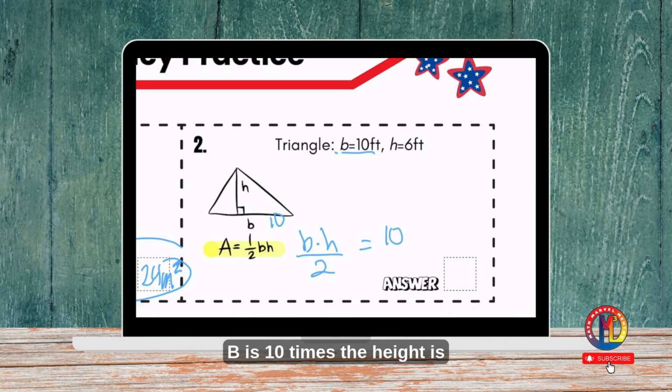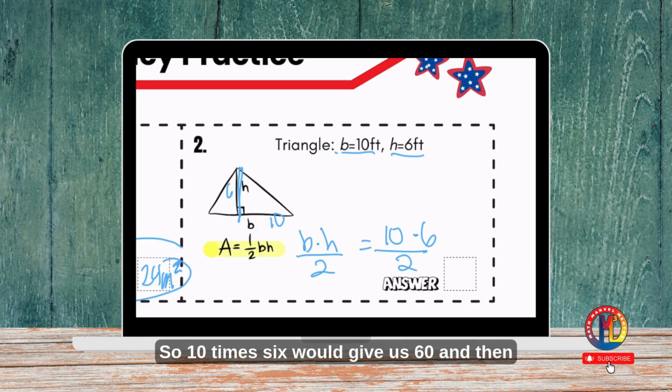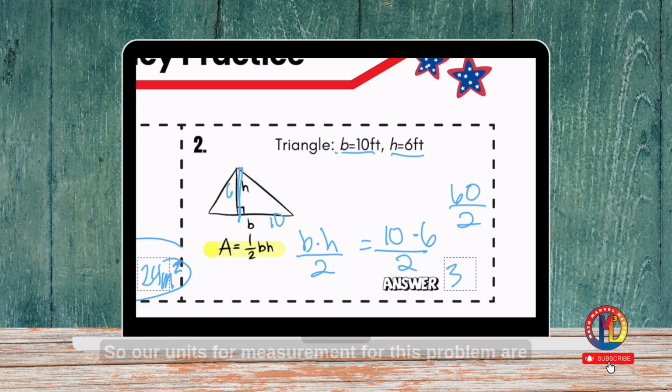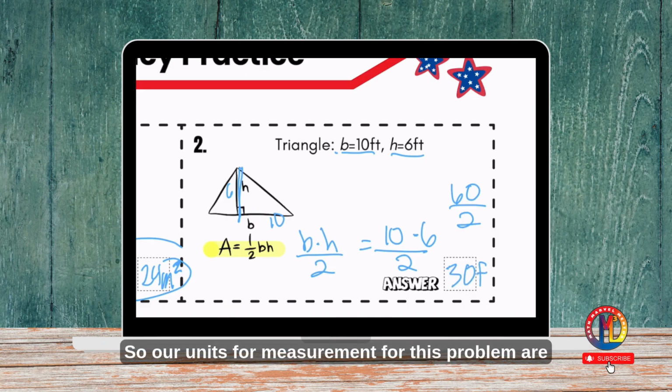B is 10 times the height is 6. Remember, the height is labeled right here, and it's the height of the triangle. So 10 times 6 and then divided by 2. 10 times 6 would give us 60, and then 60 divided by 2 gives us 30. And it's going to be units squared. Our units for measurement for this problem are feet, so my answer would be 30 feet squared.